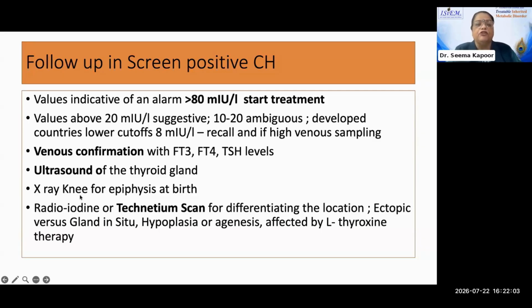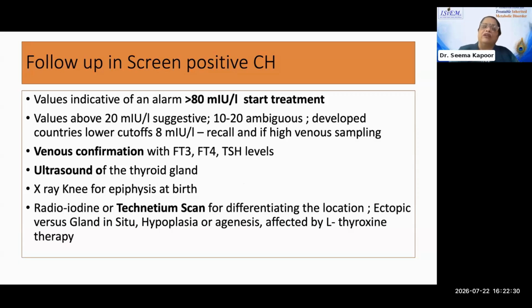Then what happens after you do the X-ray? You should do an ultrasound. But remember, the ultrasound requires a smaller probe of 9.6 hertz to 12 hertz. And not all centers in this district have the ultrasound. It is most ideal. So ultrasound will tell you if there's a gland there, or if it's a small gland there, or there is no gland.